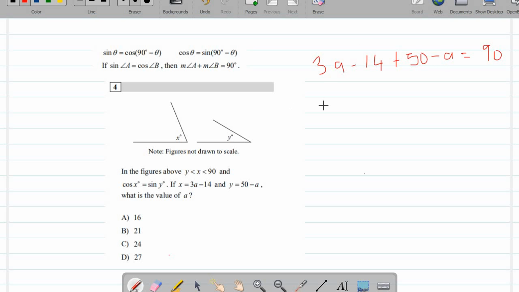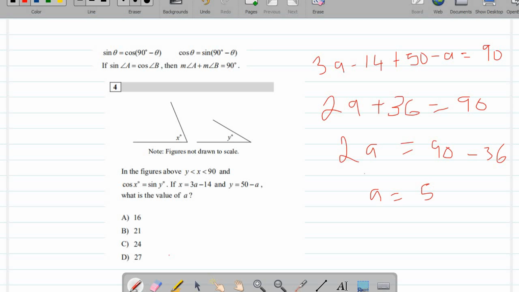So 3a minus a is 2a, minus 14 plus 15 is plus 1, so 2a plus 1 equals 90. Hmm, so we have 2a is equal to 90 minus 36. 90 minus 36 is equal to 54, and a is equal to 54 over 2, and that will give you 27.